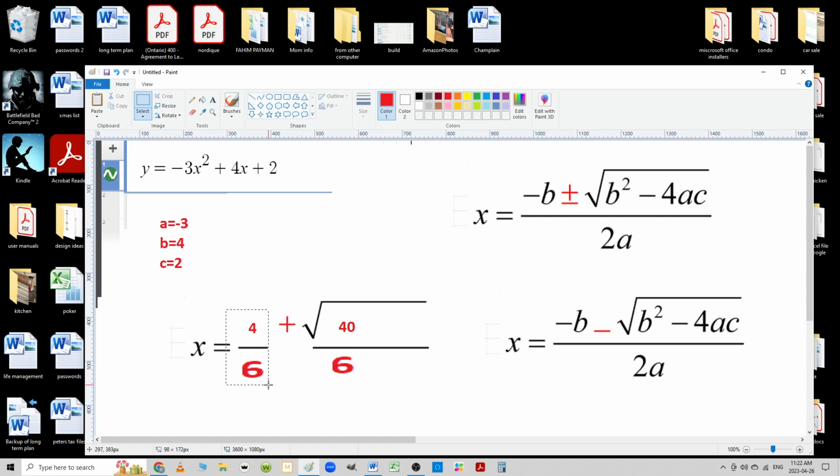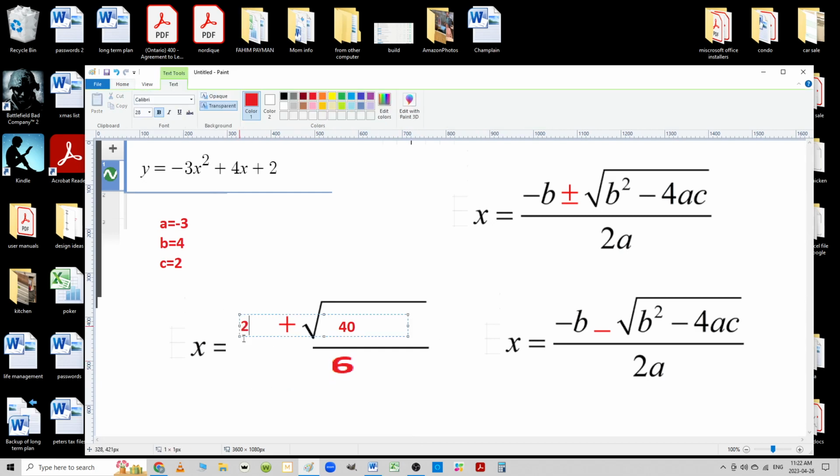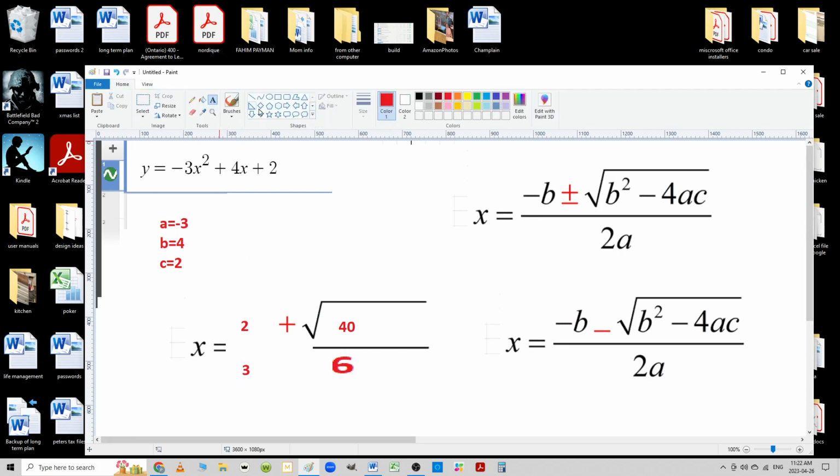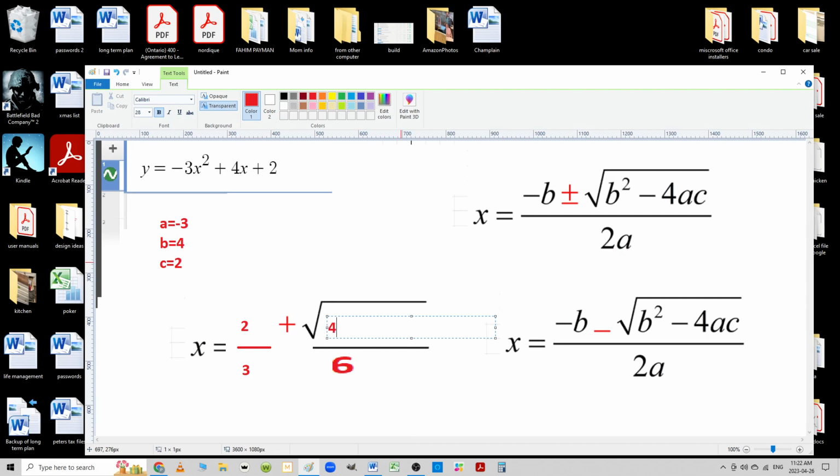Well, 4 over 6 simplifies to 2/3. And 40 is the same as 4 times 10 in there. And that means you can take the square root of 4 and multiply it by the square root of 10.